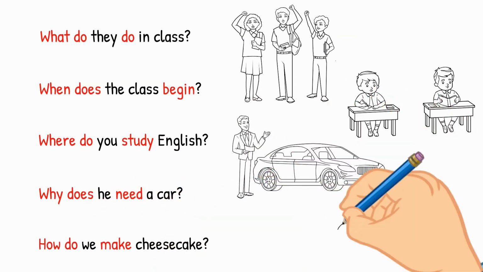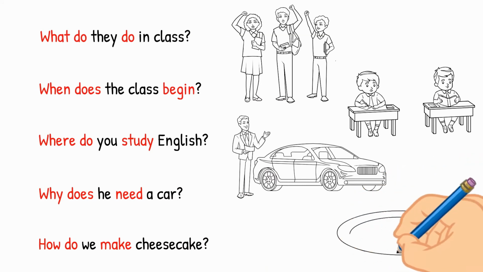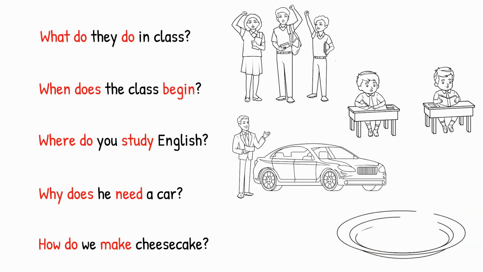How do we make cheesecake? All of these questions can be answered with longer answers. See how the questions start with question words like who, what, when, where, how, and which. See how these questions also use do and does, and the verbs with a regular spelling and no s.